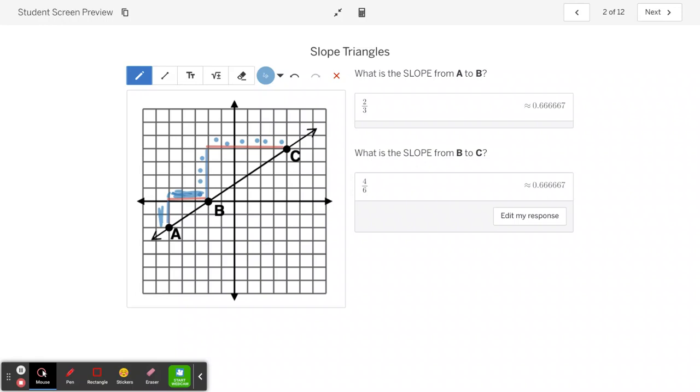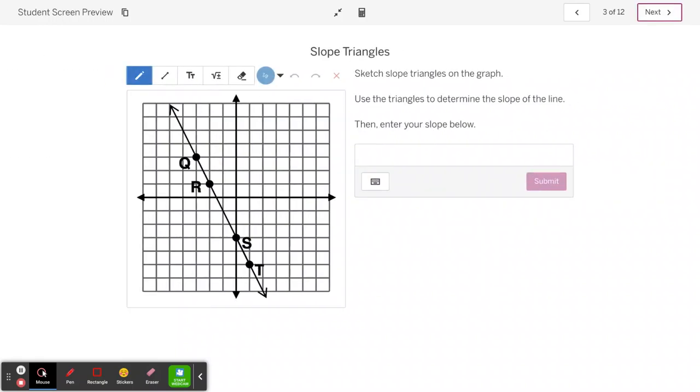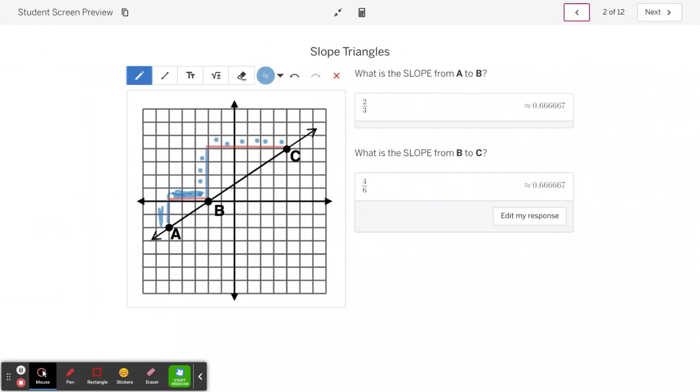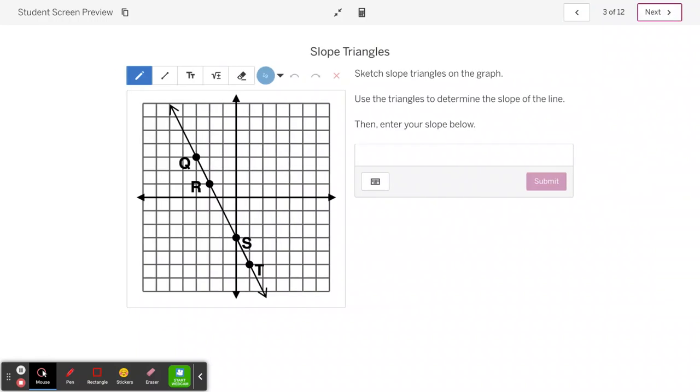Good observation. So does it matter which 2 lines you use? No, because when you simplify the fractions, you end up with the same decimal because it's a linear equation. It's the same line. The slope cannot change. It has to stay the same or it wouldn't be linear. Constant rate of change. That's what we call linear, right?